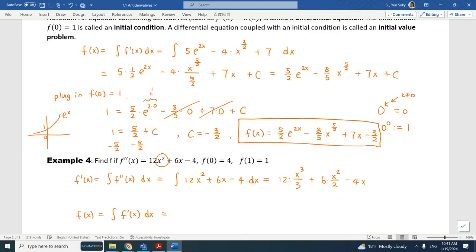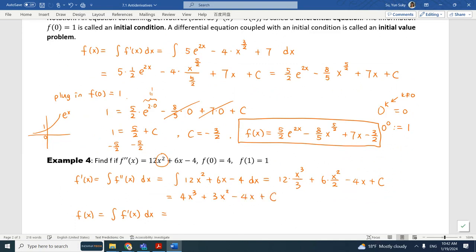Yes. And after we finish, we have plus c. Right, everybody? Okay, let's simplify. What is 12 over 3? 4x cubed. Is 6 over 2? 3x squared and minus 4x plus c.